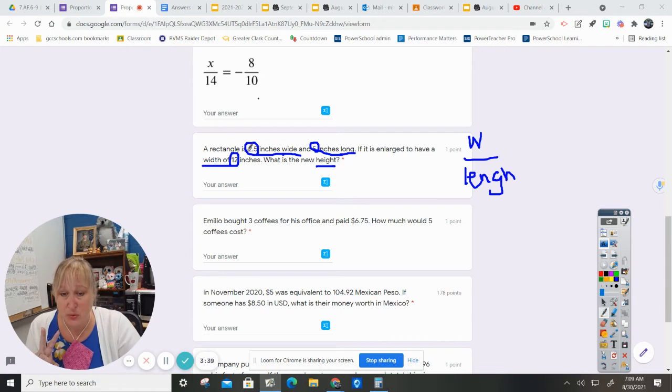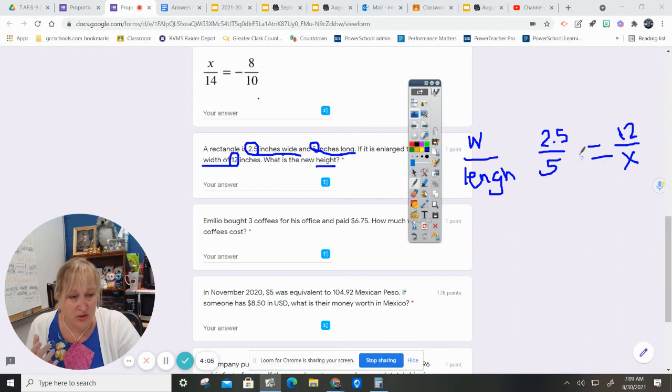So I'm going to put the width on the top, 2.5. And then I also have width here, that's 12. So make sure we understand, this is the width, this is what the width turns into. This is our length of 5, we don't know what it turns into.